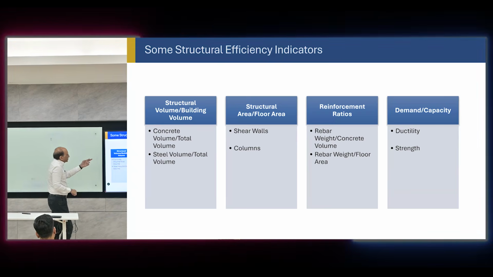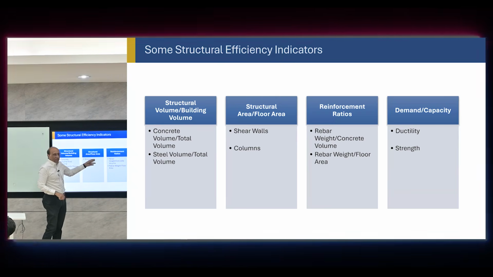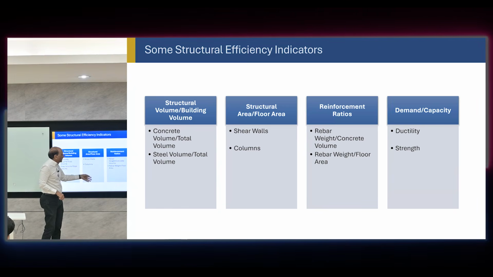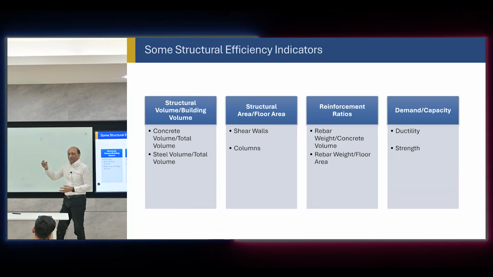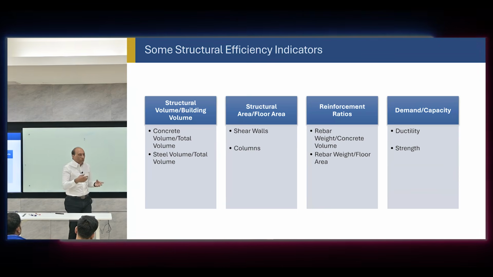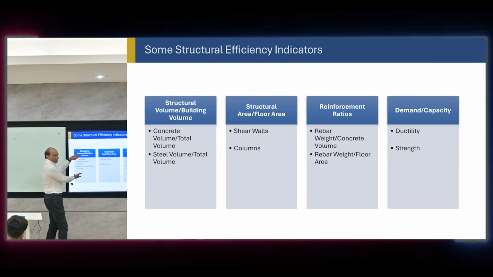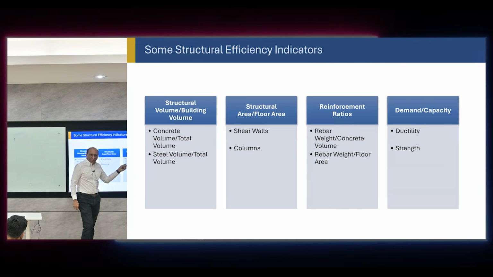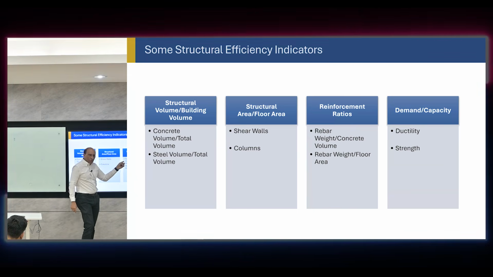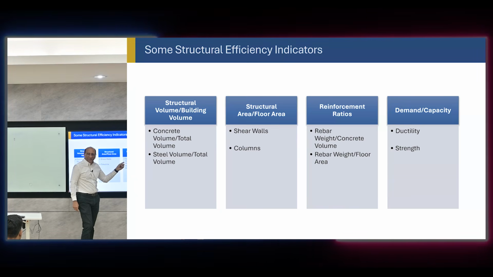Second indicator is structural area, the combined area of shear walls and columns divided by the floor area. That is another measure. Then reinforcement ratio, how much reinforcement is there per cubic meter of concrete? And then how many cubic meters of concrete, because this will tell you concrete per volume. That will tell you reinforcement per cubic meter of concrete. So combining these two can give you a very good indicator of what the cost and what the efficiency is.